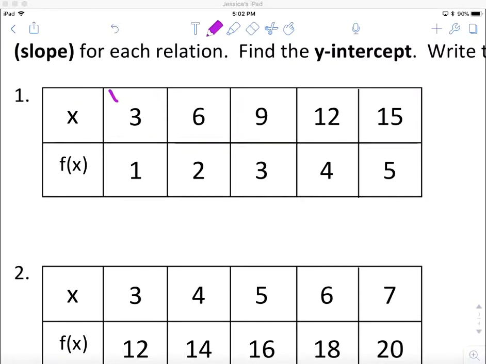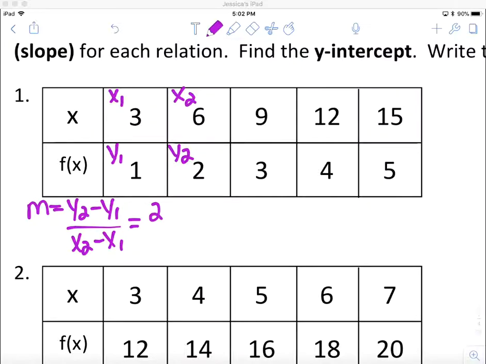It should be x1, y1, because that is the x column, then x2 and y2. Make sure you pay attention to your x column and your y column like I just messed up. So plugging this in to your slope formula, it's always y over x. I have 2 minus 1 over 6 minus 3, which means my slope here is 1/3.